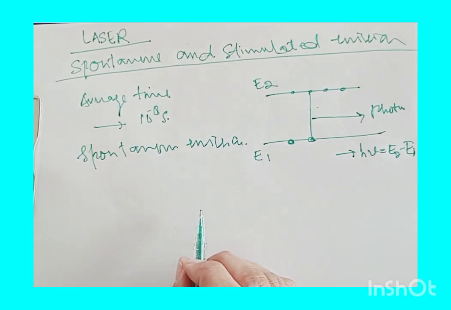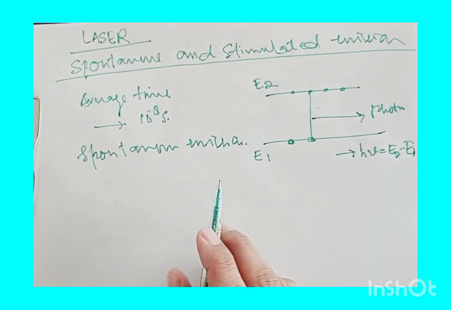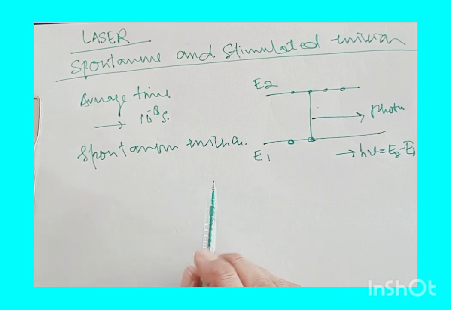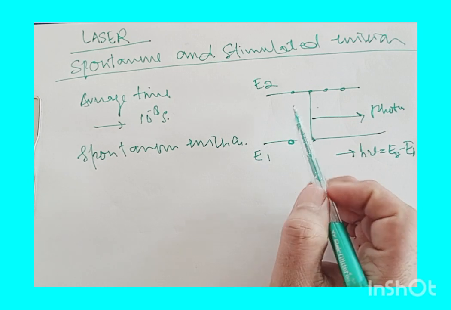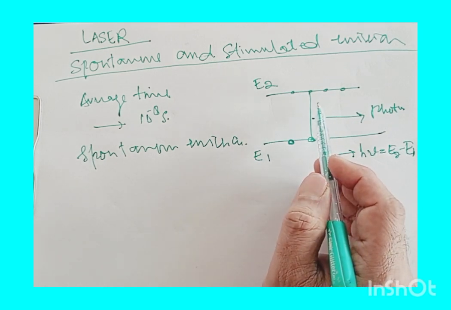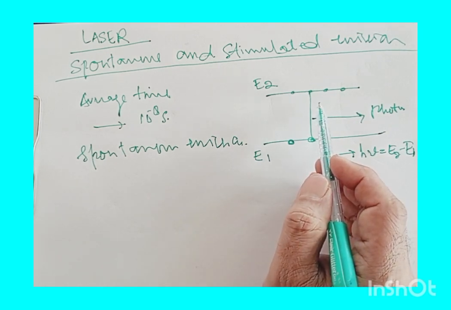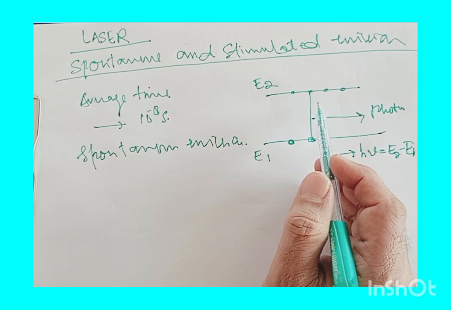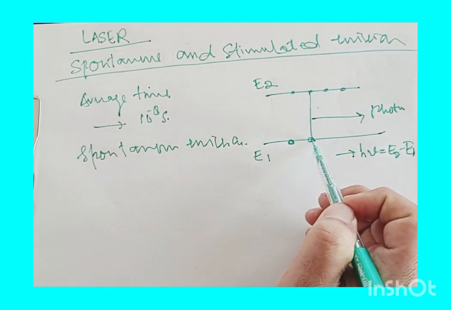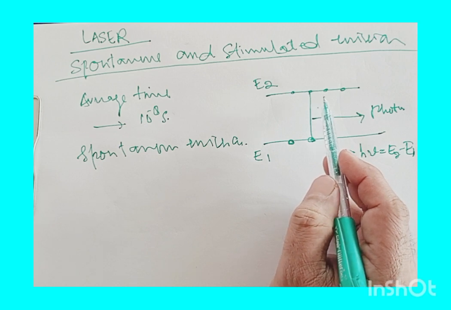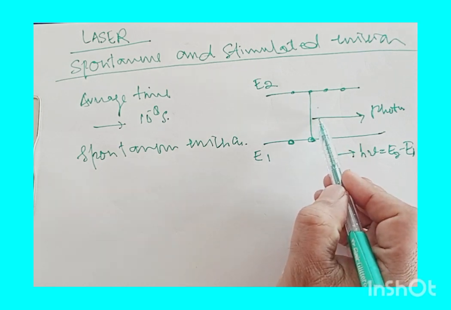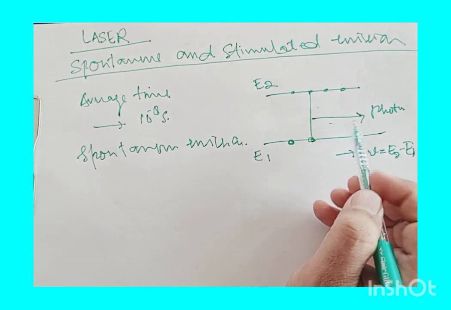And I would like to say that a spontaneous emission is a process by which an atom moves to its ground state from the higher energy state of its own by emitting photons, by emitting radiation.